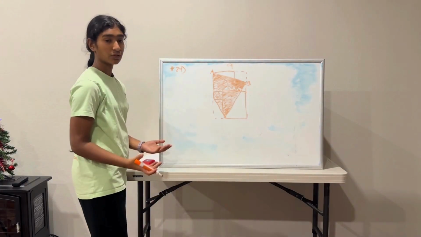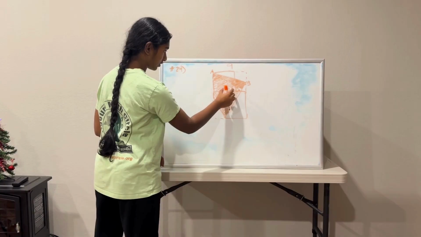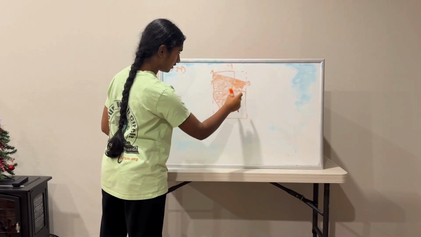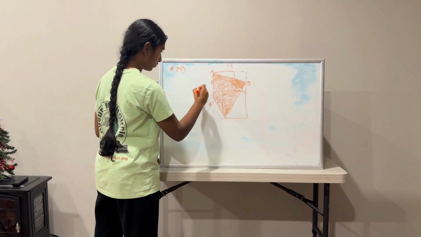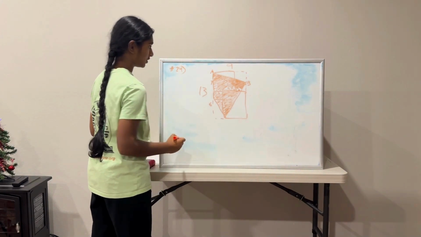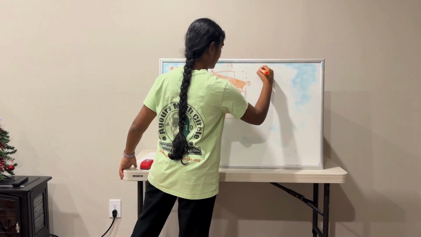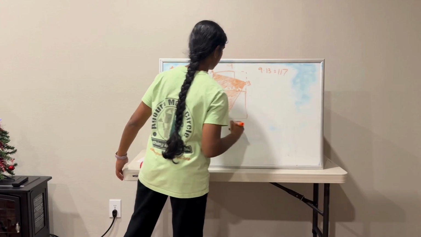And since we know that these are squares, we can use that to our advantage. Here, this is a 3 and a 4, so this part must be 7. And here, this is a 4 and 2, so this must be a 6. So in total, this side is 13. So the area of this full figure is 9 times 13, which is 117.